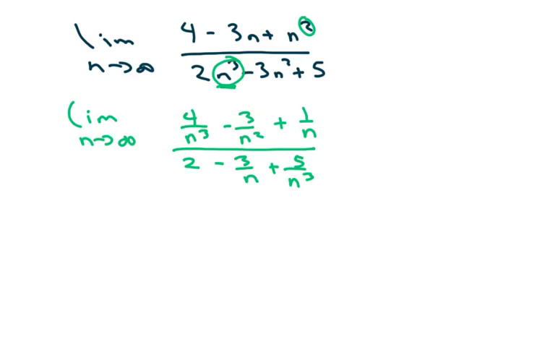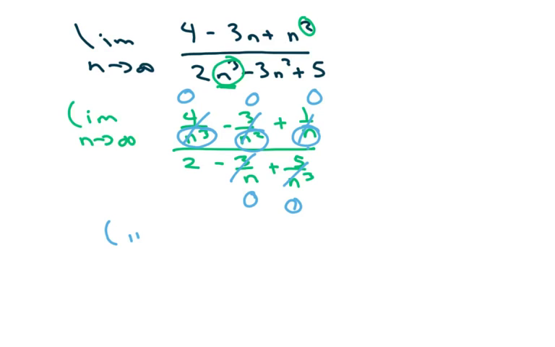Instead of writing all this out, let's just look at this. We know that if you have the n in the denominator, the bigger this n gets, this is going to go to 0. So this one goes to 0, this one goes to 0, and this goes to 0. This one goes to 0, and this one goes to 0.